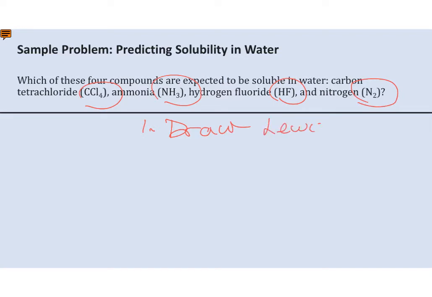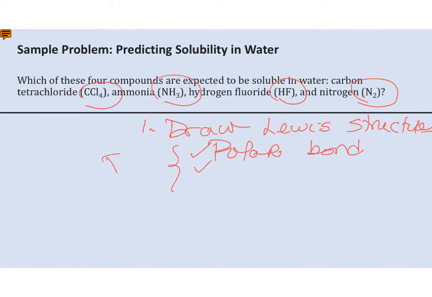Because in order to be polar, you need to have polar bonds, so you need to remember how to identify polar bonds, difference in electronegativities, and in order to be a polar molecule, in addition to polar bonds, the molecule should also be asymmetric.